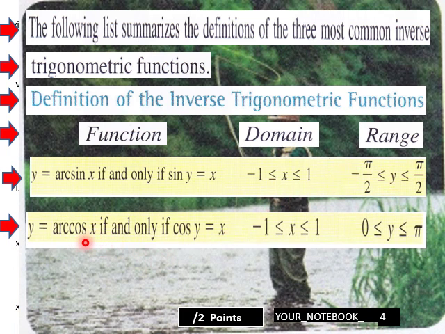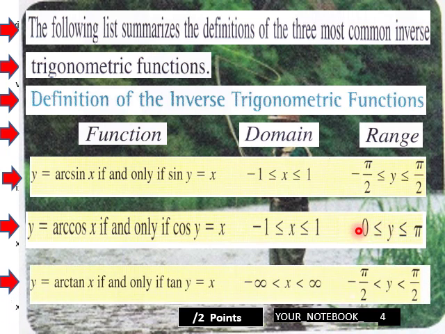And then y equals arc cosine x if and only if cosine y equals x, again on this domain and on this range. And then arc tan x if and only if tan y equals x. This is different here because the tangent function, which we haven't seen yet in this section, goes from negative infinity to positive infinity, and then on this range.